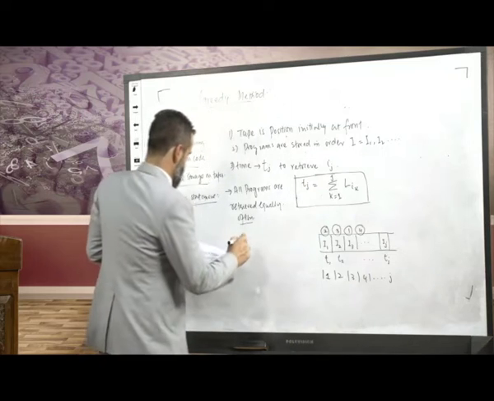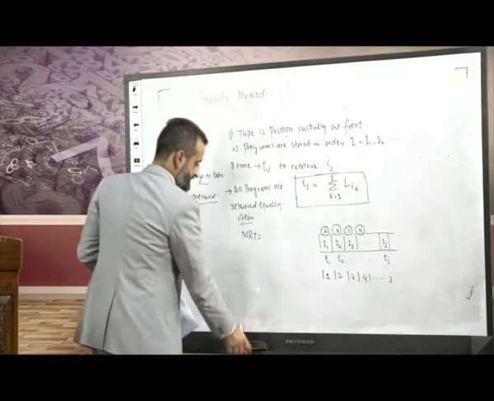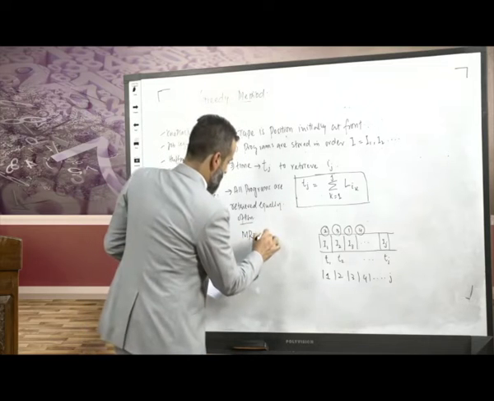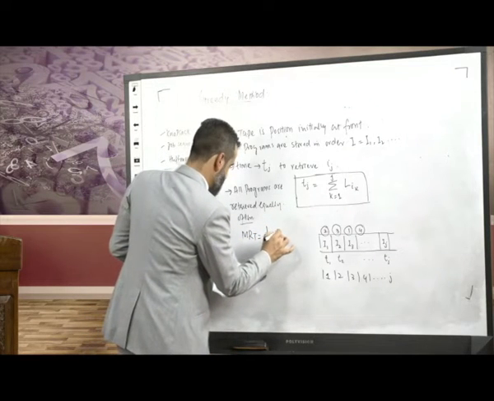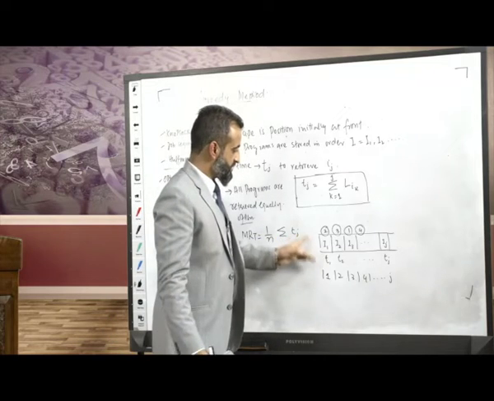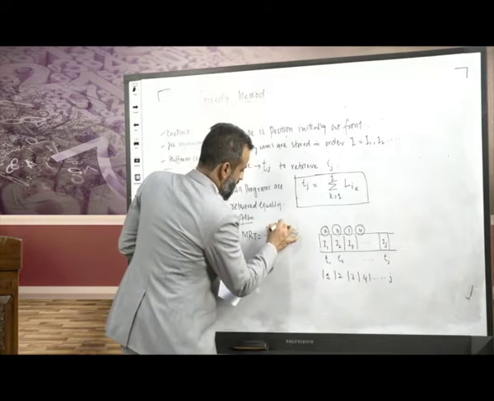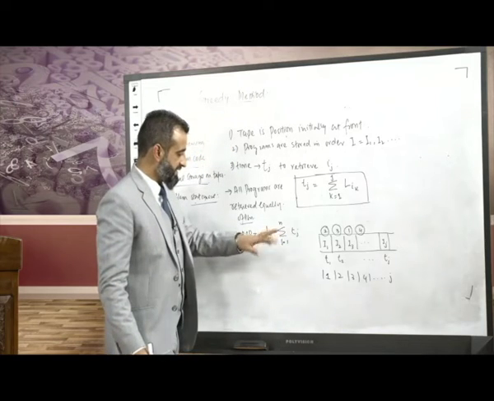So the mean retrieval time is the average of all of these, which will be 1 by n, the summation of all these times. So T of 1, T of 2, T of 3, for all these times, where j varies between all the programs.